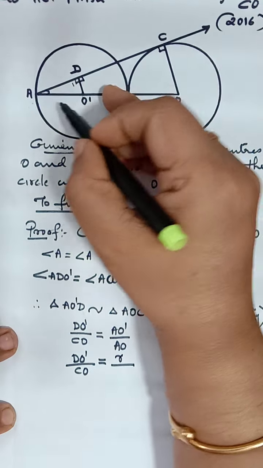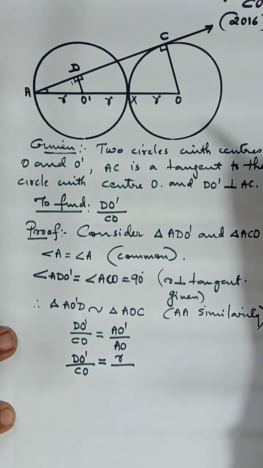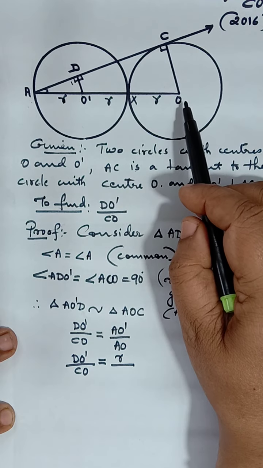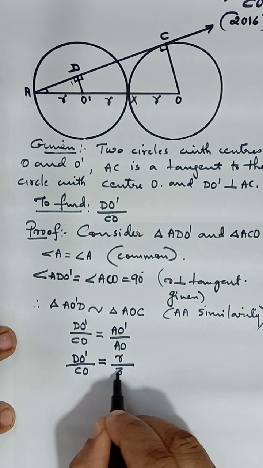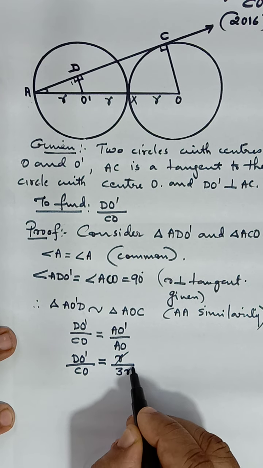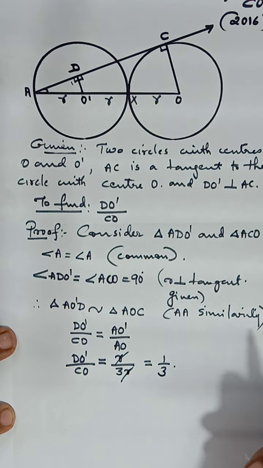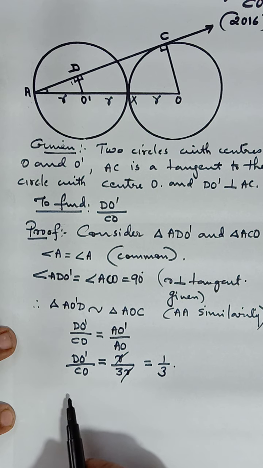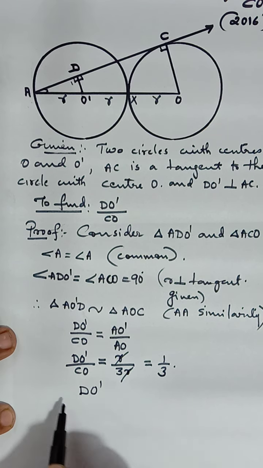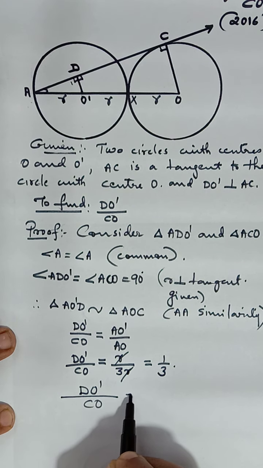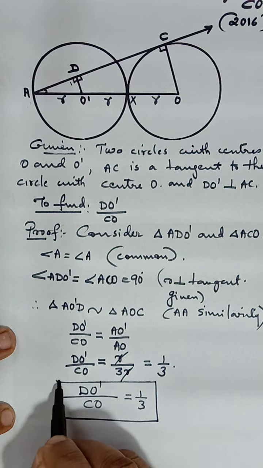By AO: here R, here also R, here also R. So when you write AO, it will be R plus R plus R, isn't it 3R? R one time, here R. Isn't it 1 by 3? So we are getting DO dash by CO is equal to 1 by 3. Let us write the answer. DO dash by CO is equal to 1 by 3. This is our answer.